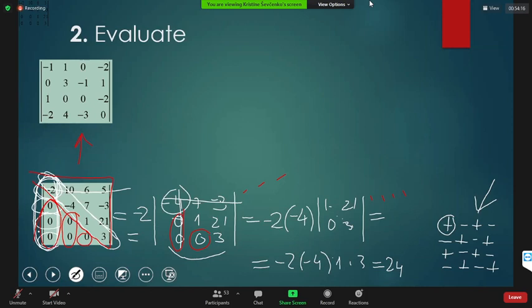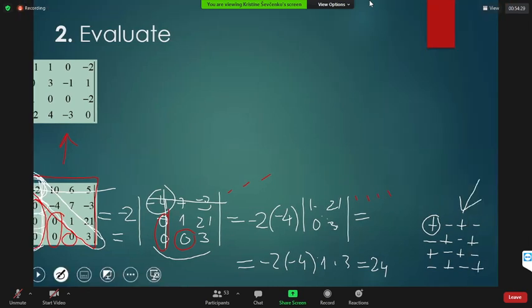So we see that I have one row that has 2 zeros in it. That's a good idea to expand it through this row, right? But I have a still better idea. What if I can make more zeros in that third row?